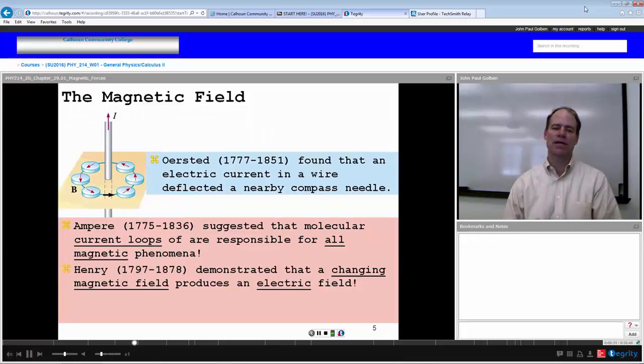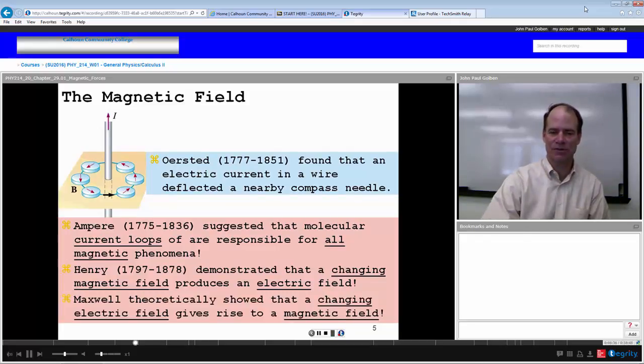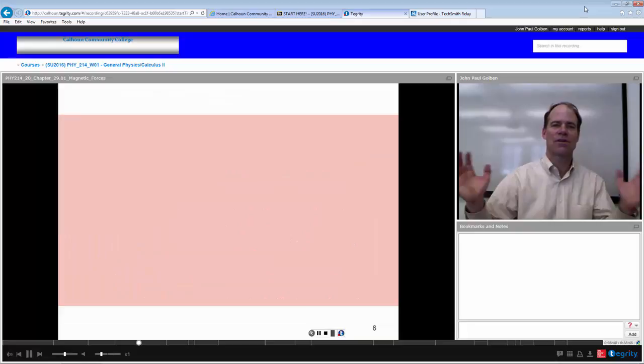Joseph Henry demonstrated that a changing magnetic field produces an electric field, and James Clerk Maxwell theoretically showed that a changing electric field gives rise to a magnetic field. What does all this mean?